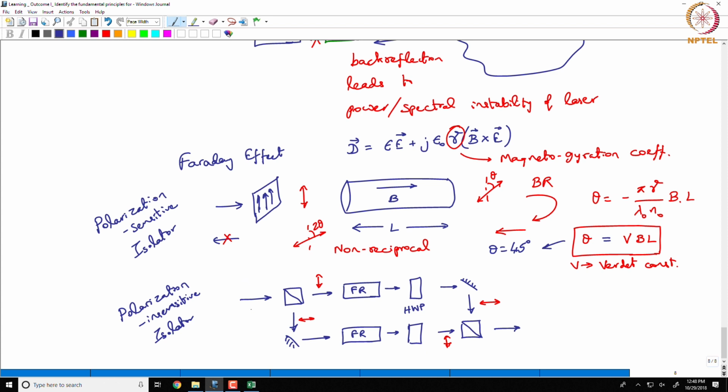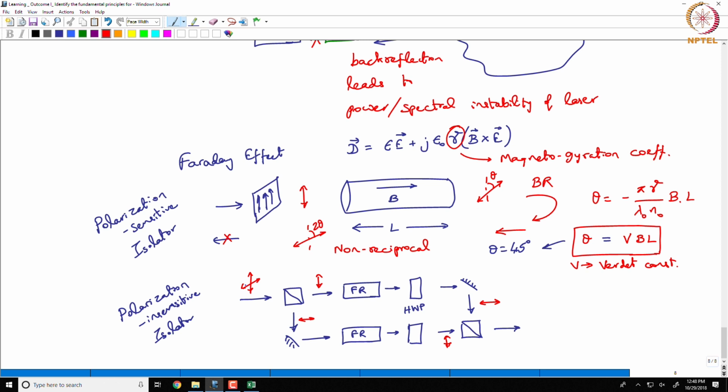So, here now my input can be any arbitrary polarization consisting of both my x and y components, right. That polarization will be preserved as it propagates through this structure, okay.